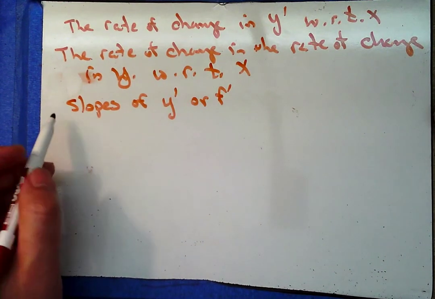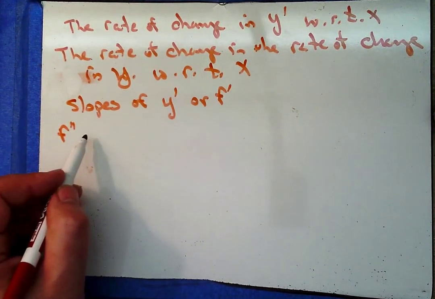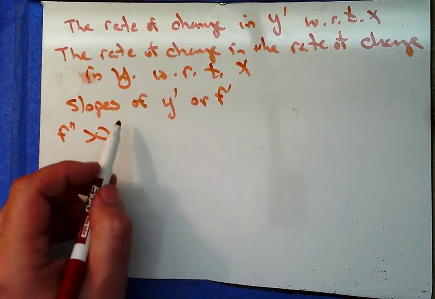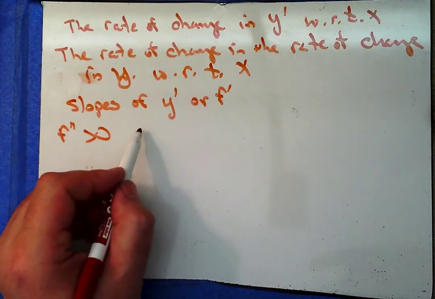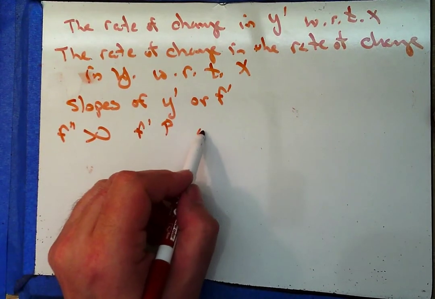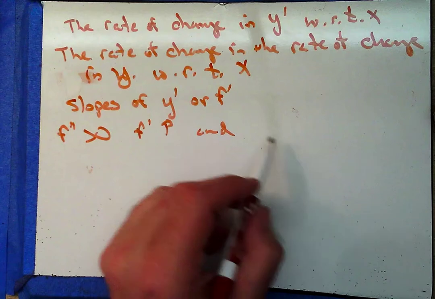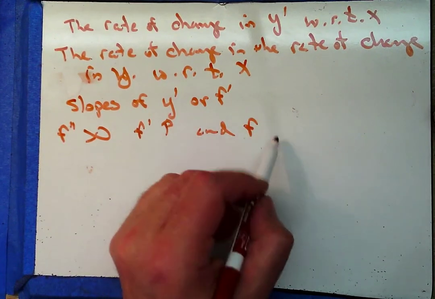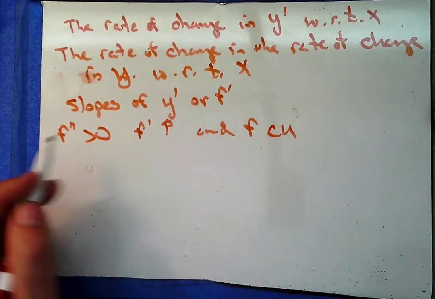We can say f double prime greater than 0 means f prime is increasing, and we also know that f would be concave up.